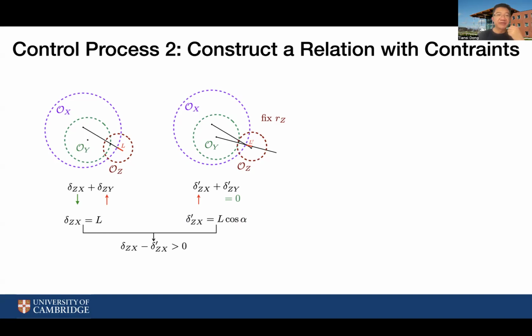So this means the L after reparation will increase by some value. This increased value is L multiplied by cosine alpha, which would be less than L. Therefore, the process is decreasing, because we assume these three center points are not on the line.